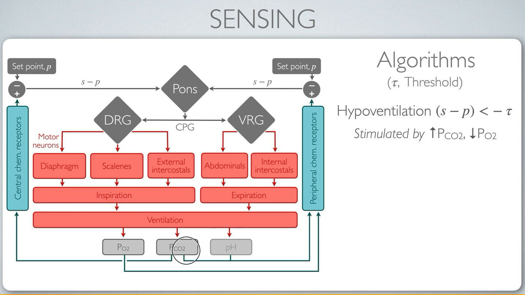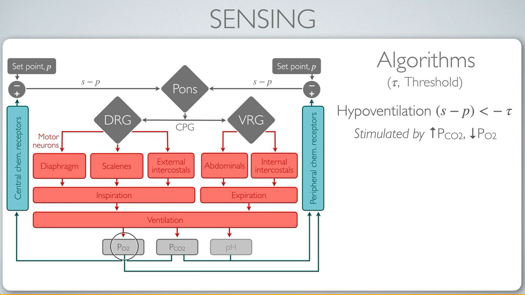Carbon dioxide is detected by peripheral chemoreceptors. That mechanism we did not detail, but it's similar in its action to how the glomus cells respond to oxygen. So carbon dioxide acts in the periphery. It also acts centrally, so in the medulla oblongata itself, it detects those changes in carbon dioxide.